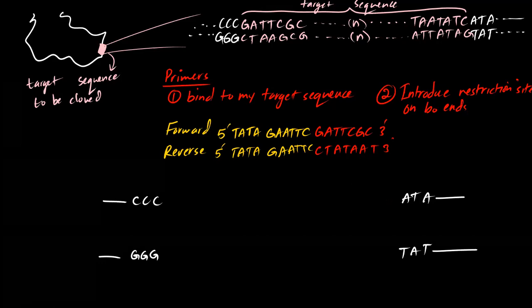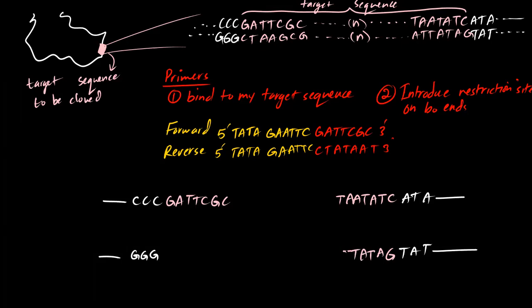Use the pink color to show T, and here we have G, A, T, T, C, G, C. Okay, and this is the complementary strand. The rest of the sequence.